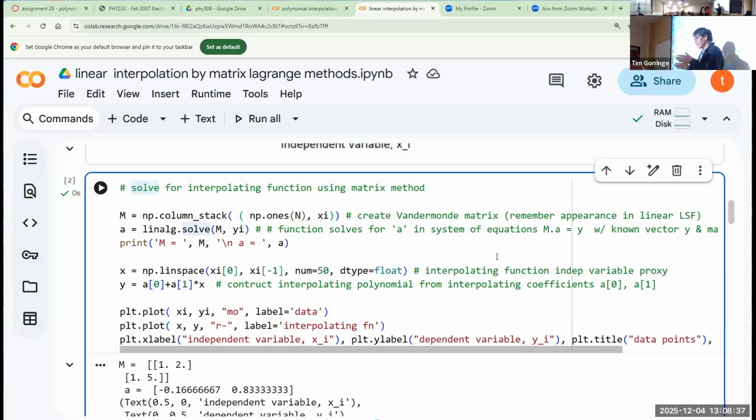So it's a linear function, and I just need the first 2 terms to make the Vandermonde matrix. And if it was 3 data points, the lowest order polynomial through them would be a quadratic, so I just need a Vandermonde matrix with 3 terms in it, up to x squared.